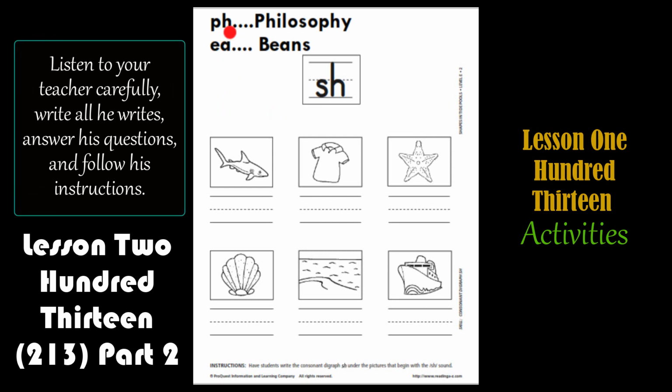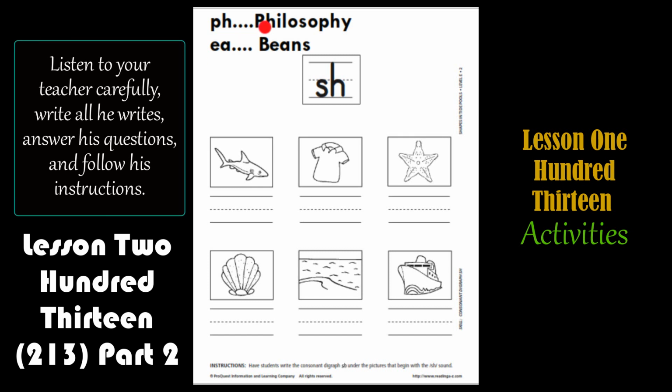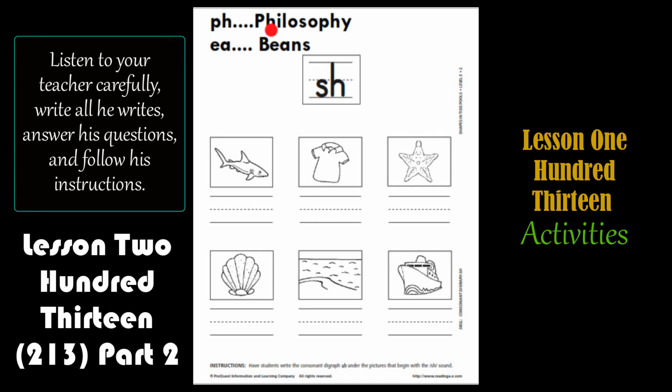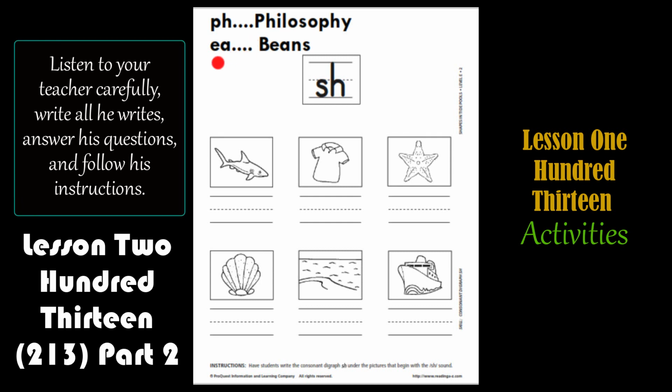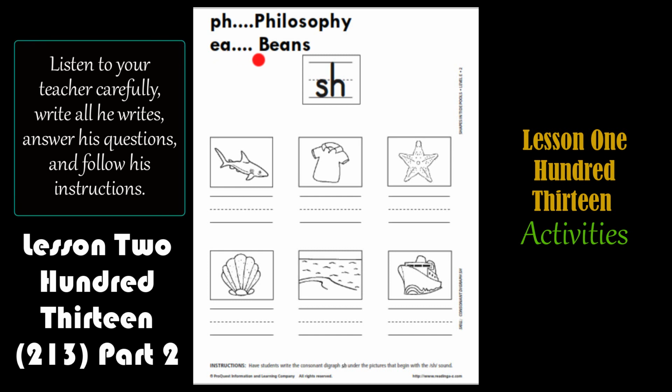The PH, 2 consonants together making up only one sound, the sound of philosophy. PH is a digraph. Another one is the EA. 2 vowels together make up one sound, E, as in beans.